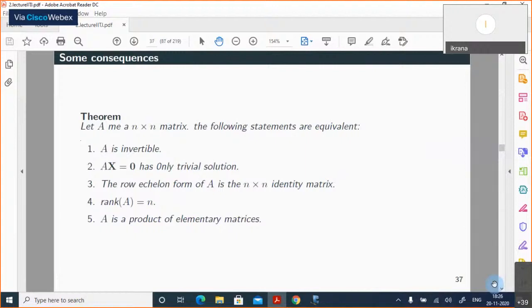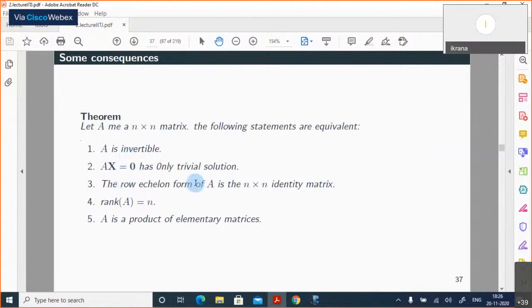So one can write these results in another form: for an n cross n matrix, the following statements are equivalent. A is invertible. The equation Ax equal to 0 has only the trivial solution. Okay, both are equivalent statements, obviously.